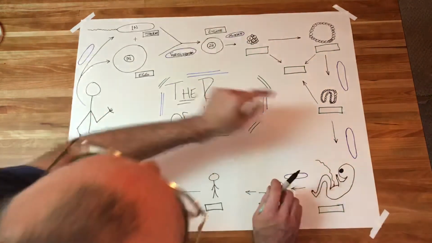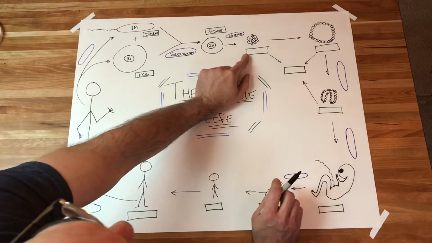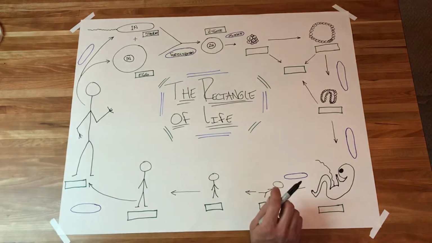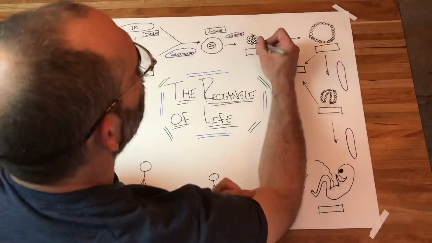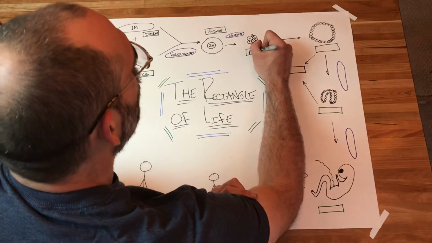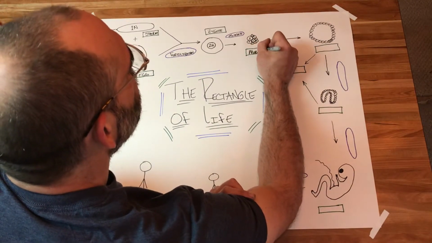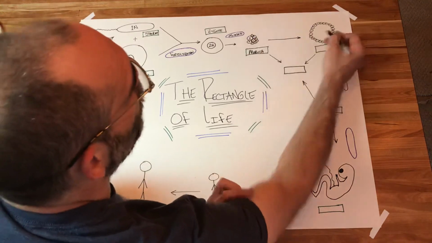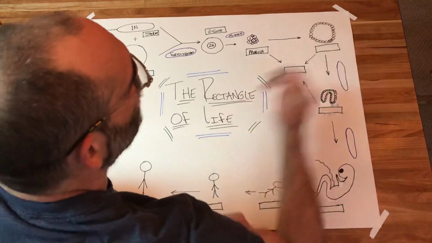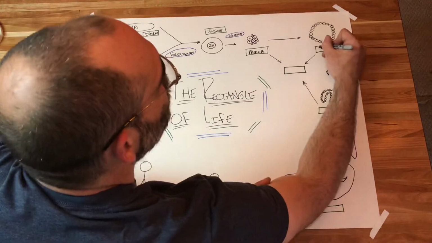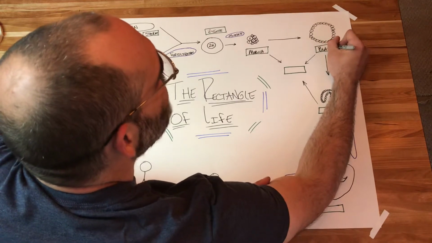Okay, continuing. Once we get a solid ball of cells, right, we have a morula. We go through some more mitosis, giving us this hollow ball of cells, which we call a blastula.